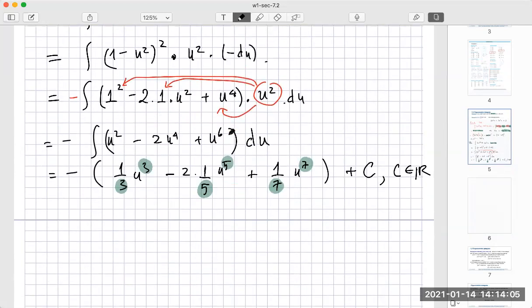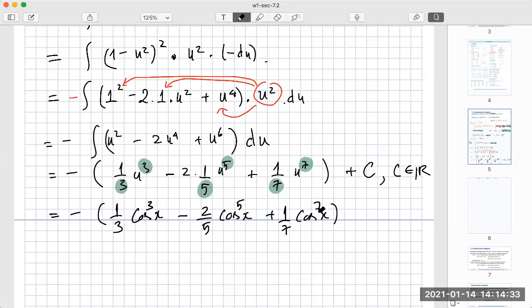So we need to write everything in terms of x, and u is cosine x. It means that this becomes cosine cube minus 2/5 cosine x to the 5th plus 1/7 cosine x to the 7th, and add a constant c, where c is in R, okay?